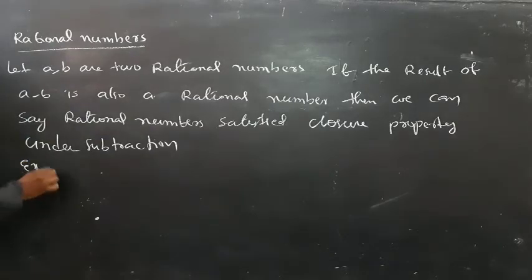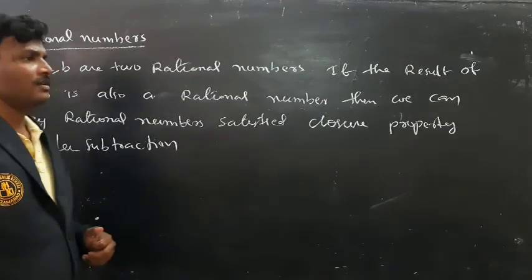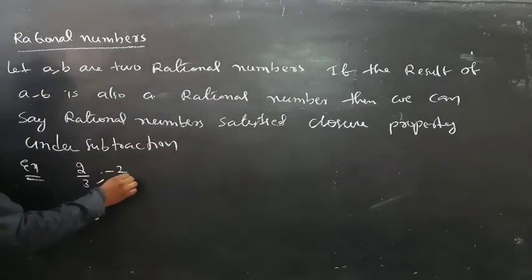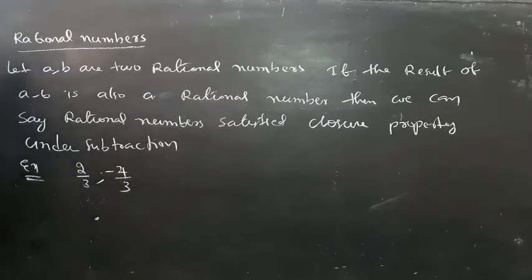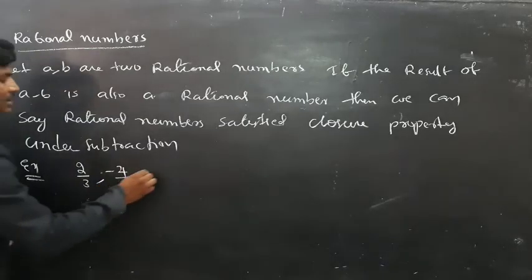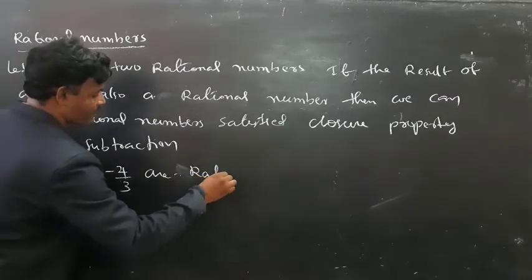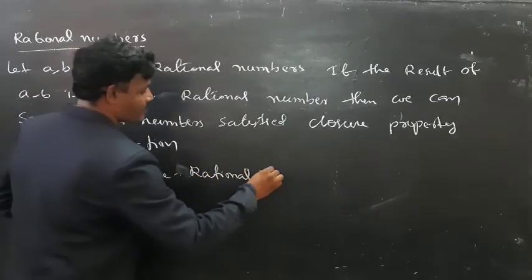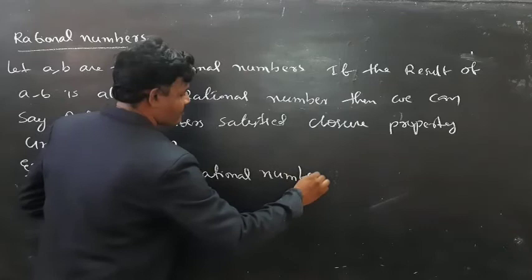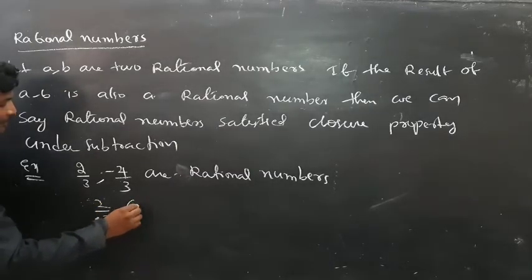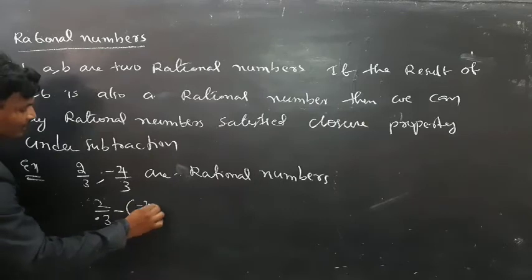Now I am going to explain some examples. Here 2 by 3 and minus 4 by 3 are two rational numbers. Then what I need here? I need 2 by 3 minus of minus 4 by 3.